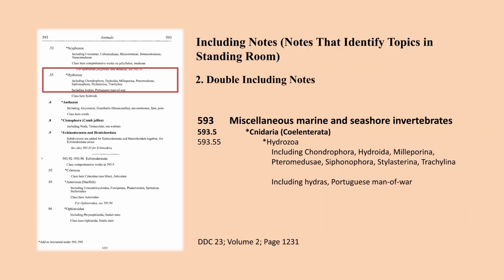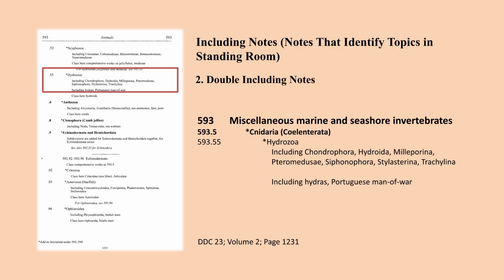Under it, we will get 593.55, that is Hydrozoa. Here, as we mentioned, there are two including notes. The first one is Chondrophorina, Hydroida, and so on. These are their taxonomic names. And the second one is including hydras, Portuguese man of war. These are the common names of the class Hydrozoa.